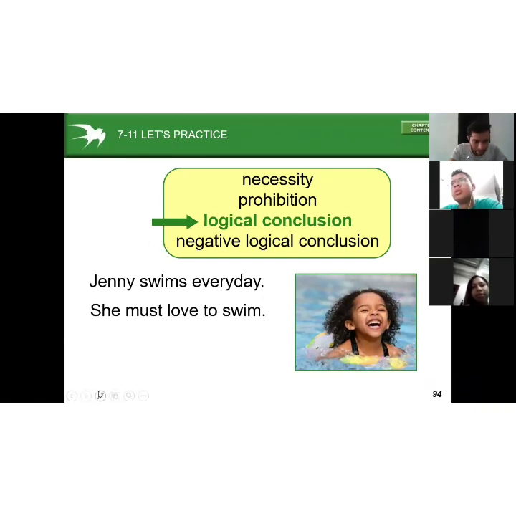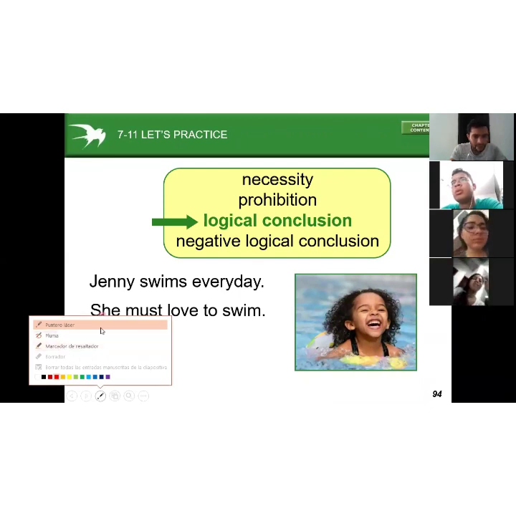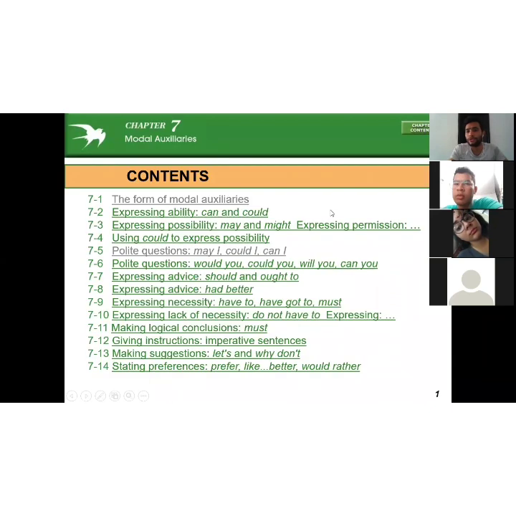Hang on. So as I said today, guys, we are going to start with, actually we're going to cover all of this. Can you see the screen? Yes.